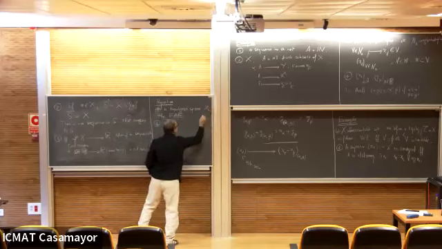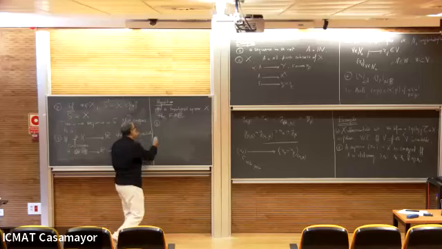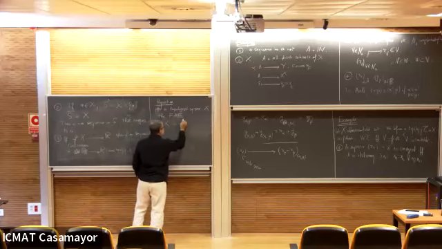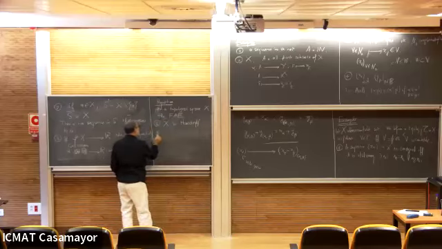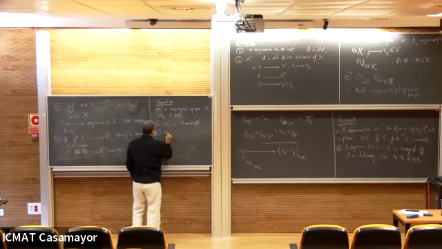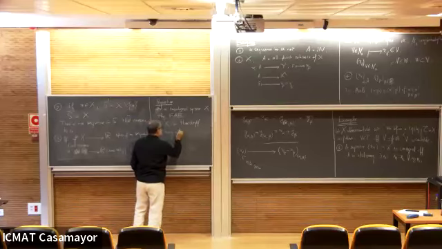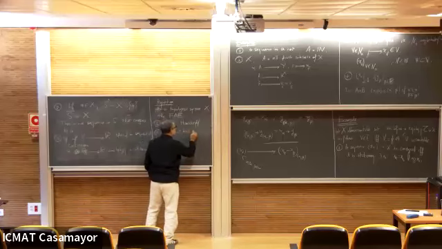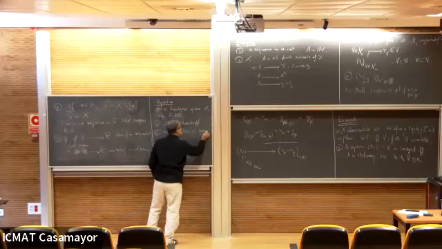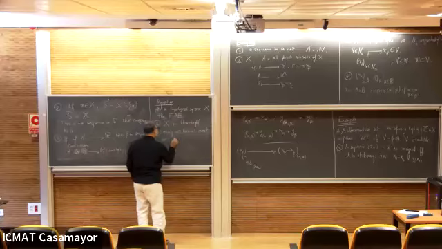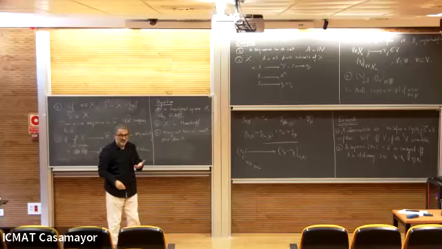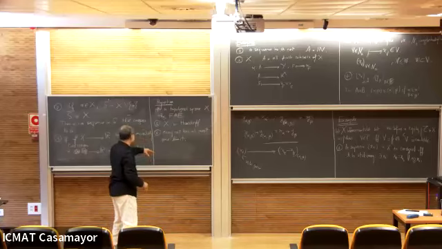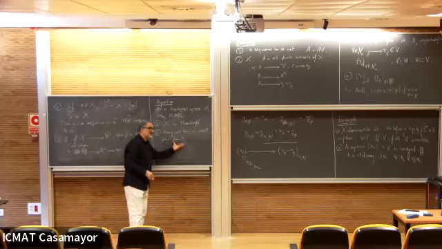X is Hausdorff, and every net has at most one limit. So the property of being Hausdorff is simply equivalent to the fact that the limit is unique.